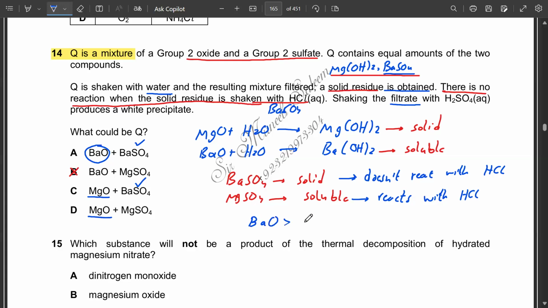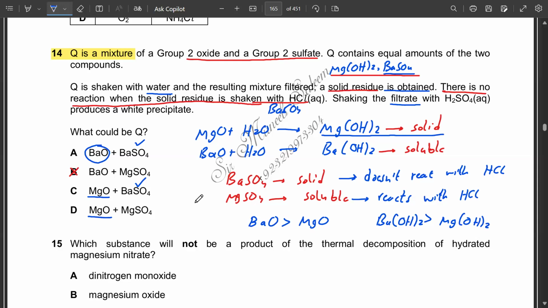Barium oxide is more soluble than magnesium oxide because magnesium hydroxide was forming a solid, whereas barium hydroxide is more soluble.